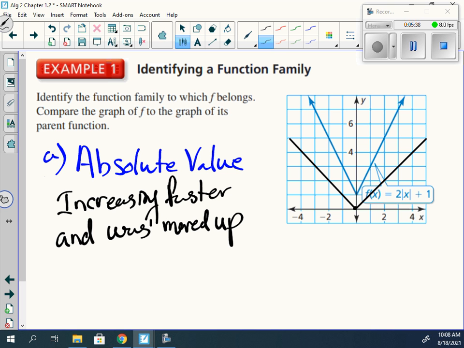Here, the bottom of the V is at 0, 0. Here, it's now at 0, 1. It moved up, and it's increasing faster. Questions on this so far?